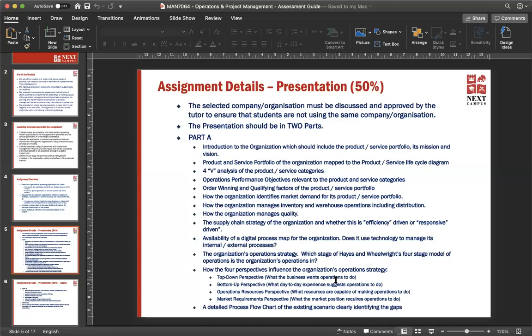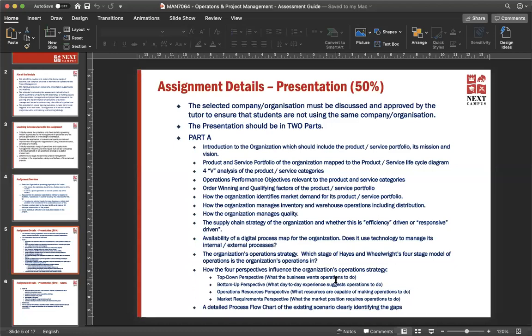Then of course your market requirements perspective. The classic example of the market requirements perspective is what happened to Sri Lankan businesses after this COVID-19 issue.